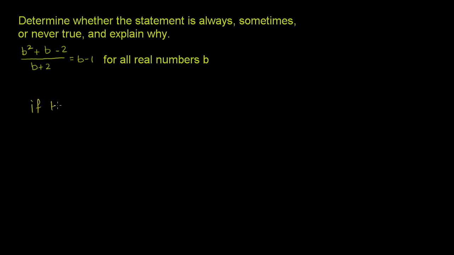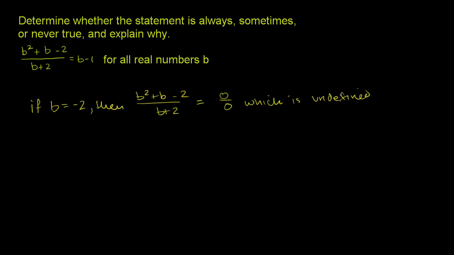If b is equal to negative 2, then b squared plus b minus 2 over b plus 2, what does that become? It equals b squared would be 4 minus 2 minus 2, which would be 0 over 0, which is undefined.